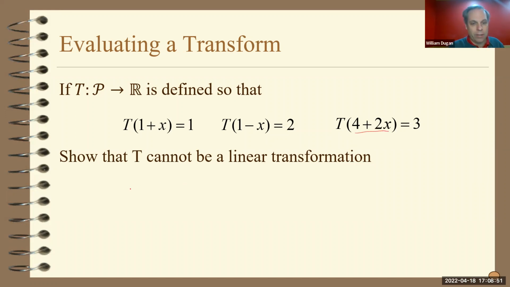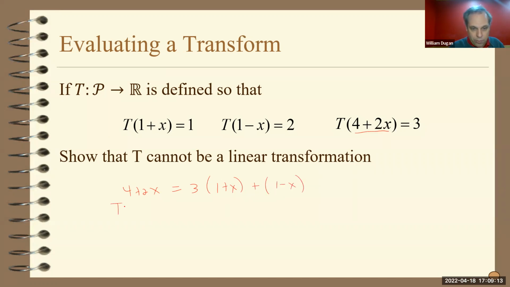So I can write 4 plus 2x as a linear combination of 1 plus x and 1 minus x. It's just a matter of finding the right combination. Actually, here it's 3 times (1 plus x) plus 1 times (1 minus x).